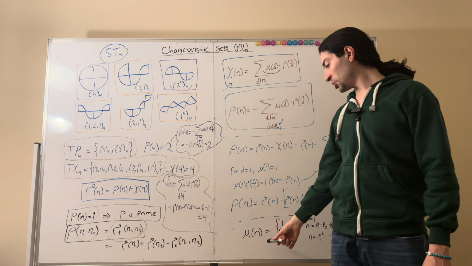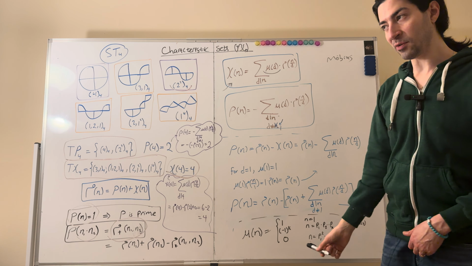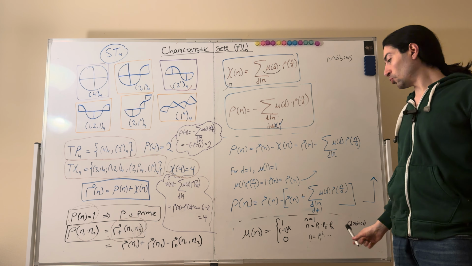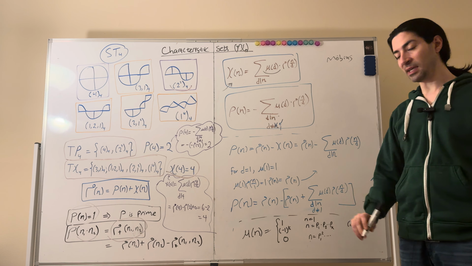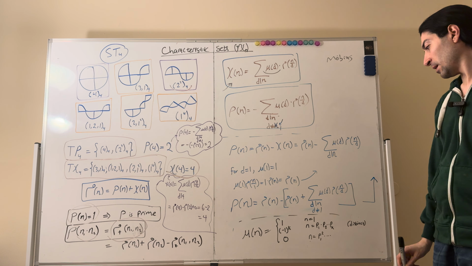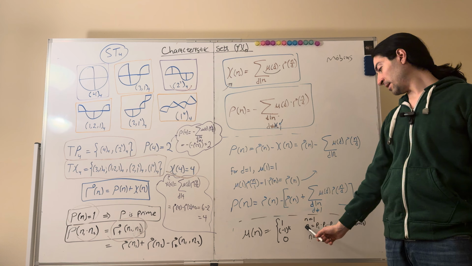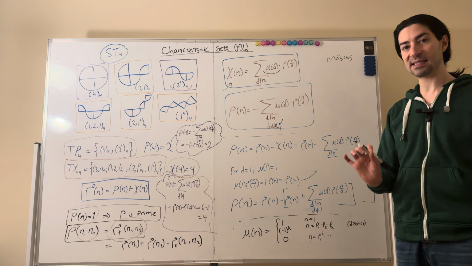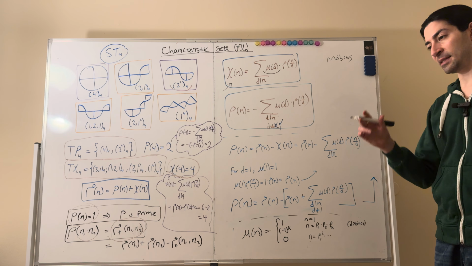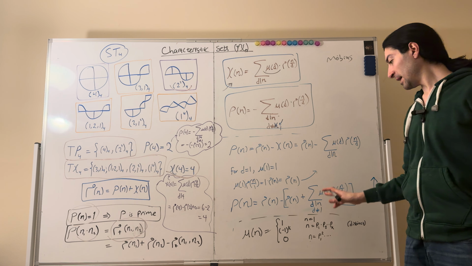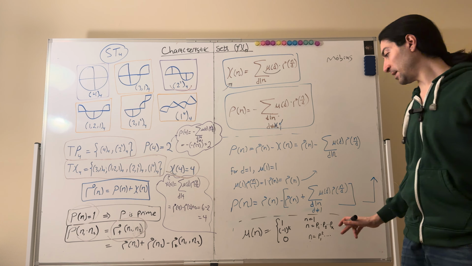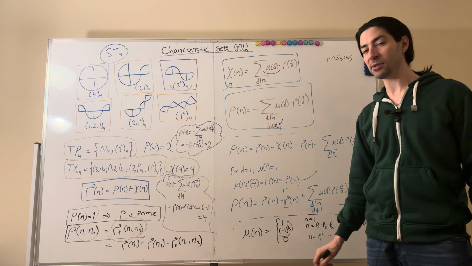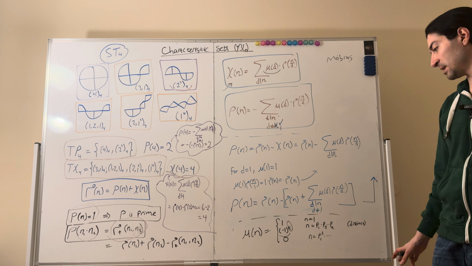The Möbius function, again, is an arithmetic function from number theory. If n is equal to 1, the Möbius function is equal to 1. If n is a product of distinct primes, let's say 3 distinct primes, then the Möbius function is equal to -1 to the power of 3, the number of distinct primes.